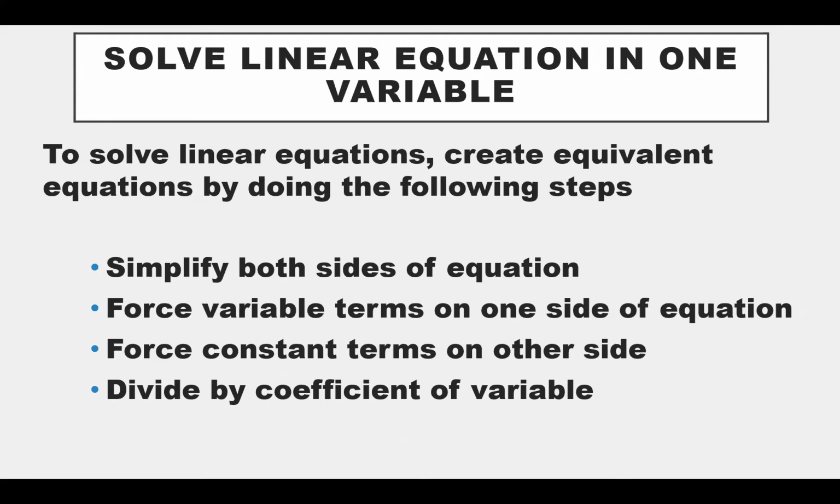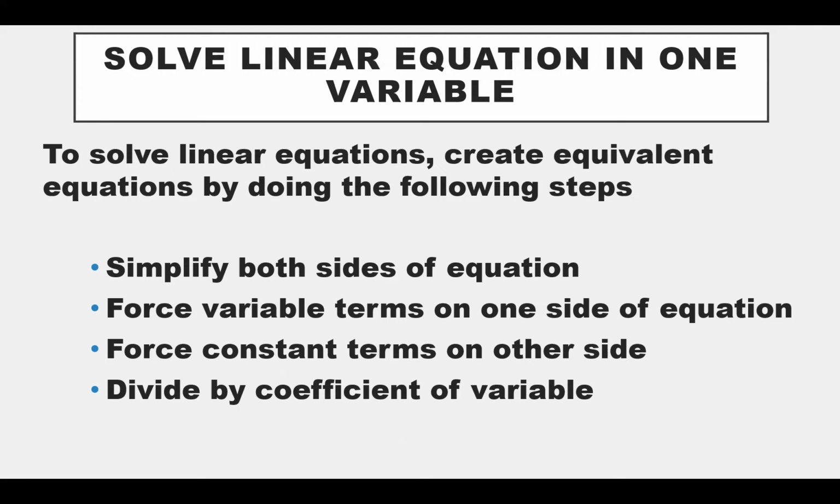Another thing that doesn't change the solution is to force our variable terms on one side of the equation. Then we'll force our constant terms on the other side of the equation. And we'll do so by adding or subtracting terms from both sides. After we've done that, then we'll divide by the coefficient of the variable.